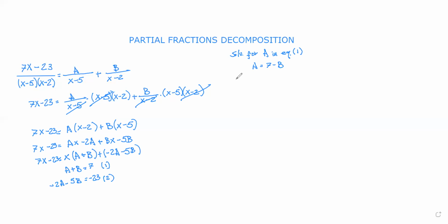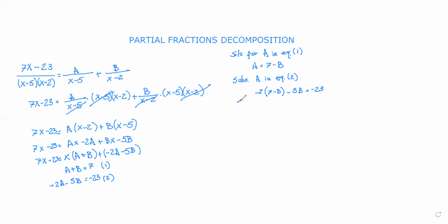So substituting A in equation 2, we get negative 2 times 7 minus B minus 5B equals negative 23.